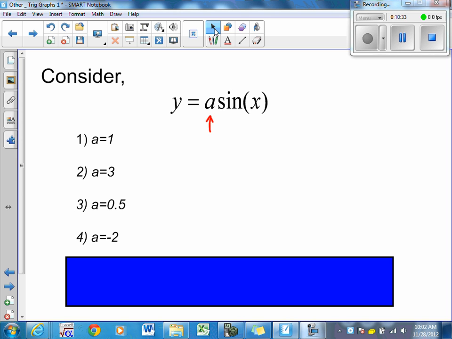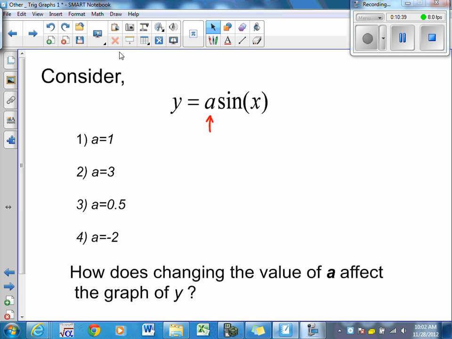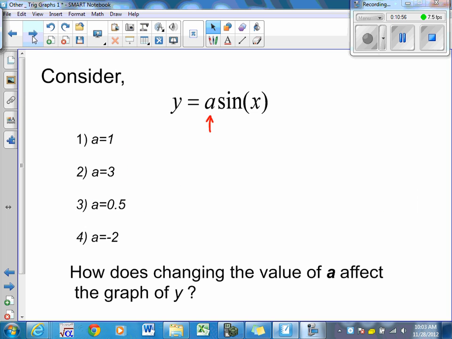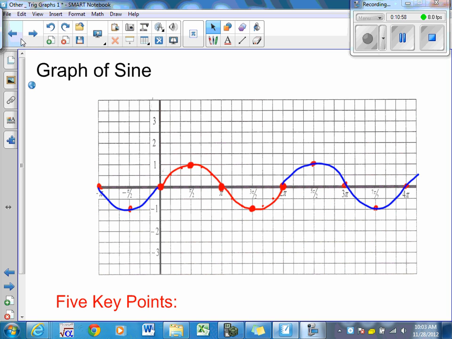So once you've come back now, you've tried those 4, what do they do? Well, that changes the peaks and valleys of your graph, doesn't it? When A was 1, it looked just like this. But if A is 3, what that does is it changes your graph.